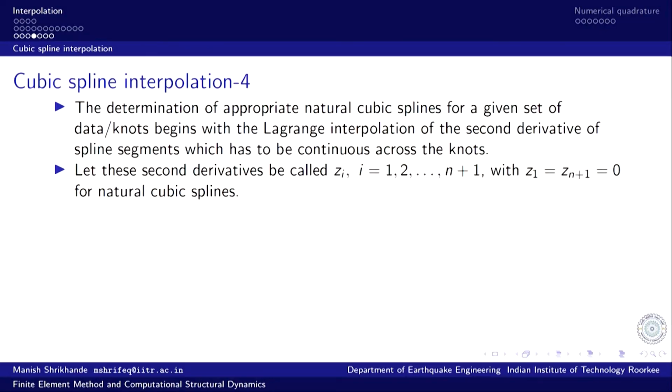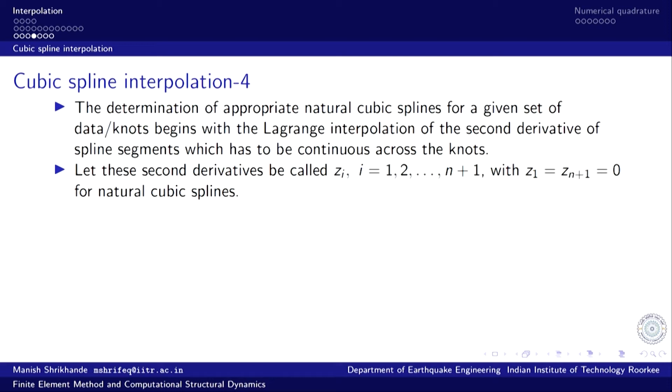Let us label the second derivative values as unknowns z; then there are n plus 1 z values, with the constraint that the first and last second derivatives are 0.